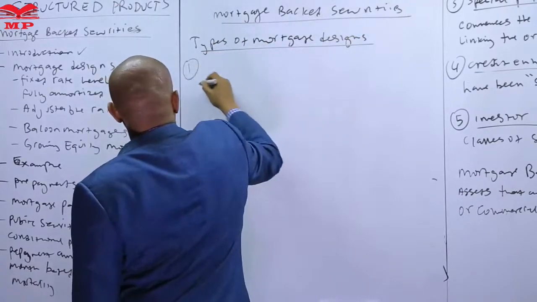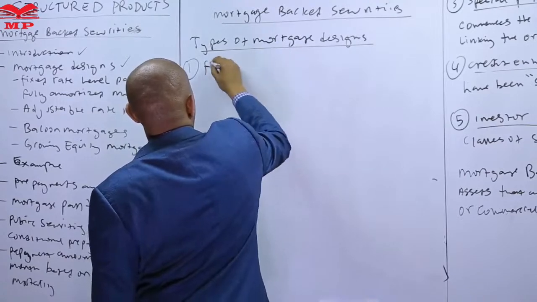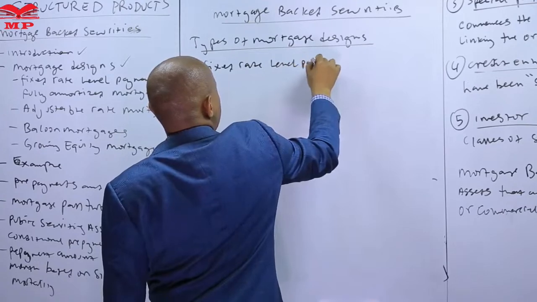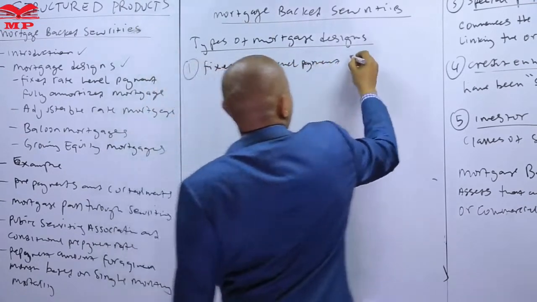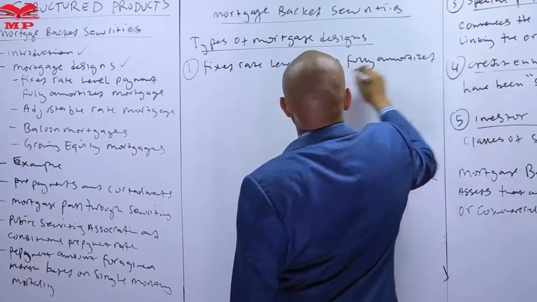First one, we're looking at fixed rate level payment, fully amortized mortgage.